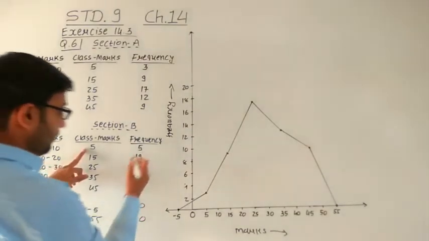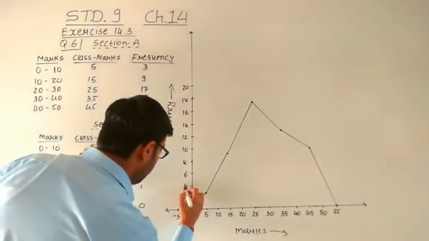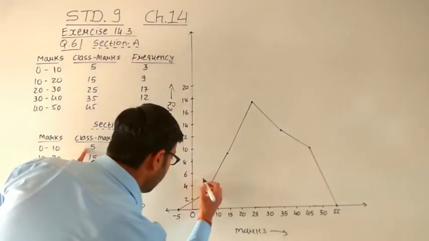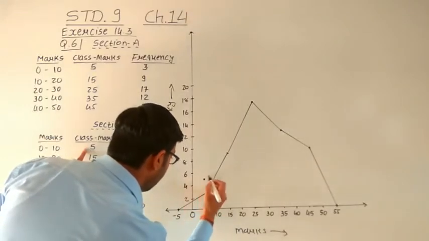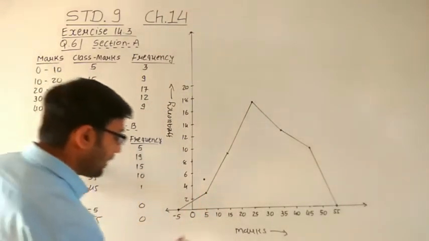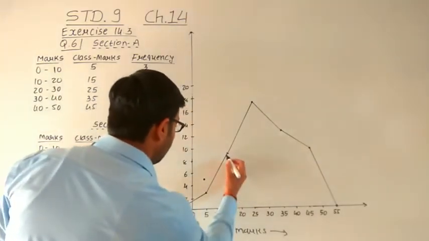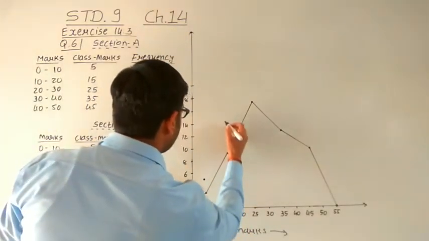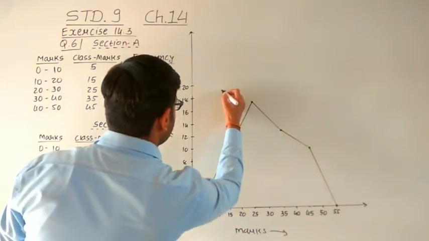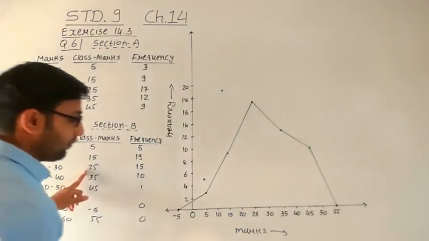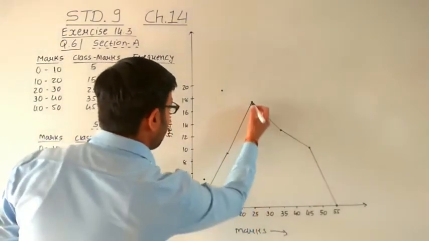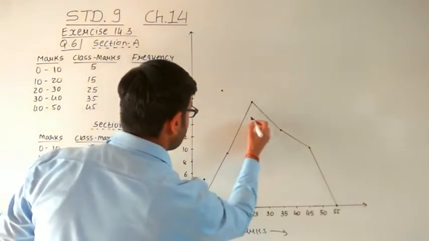Class mark is 5, frequency is also 5. So 5 and 5 we get the data. First point here. Second, 15 and 19. 15 and 19, that means here. Third is 25 and 15. 15, that means here.